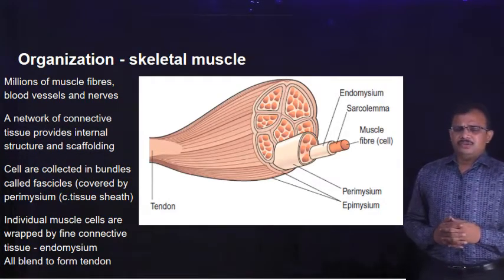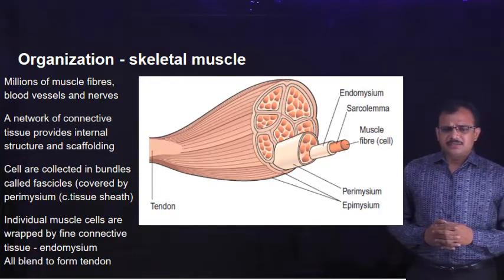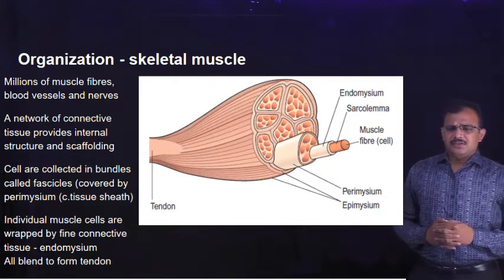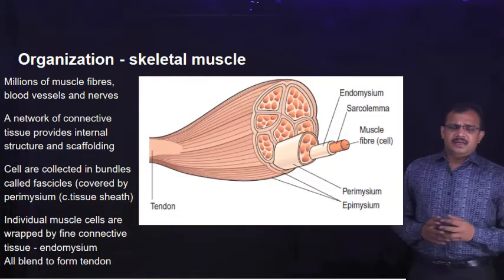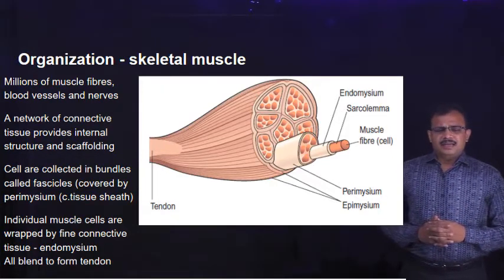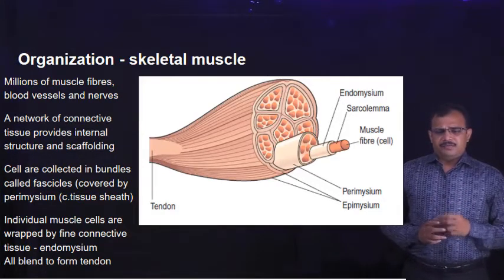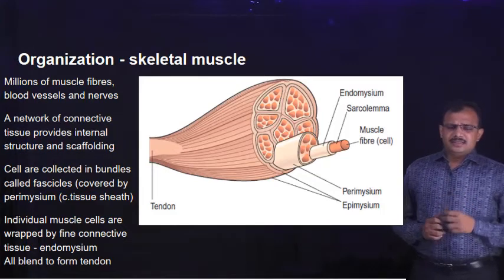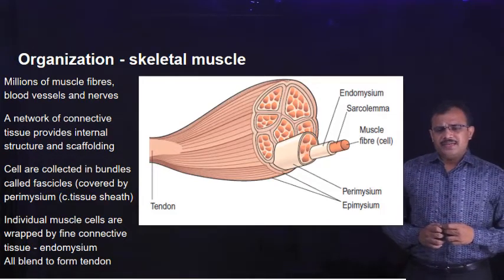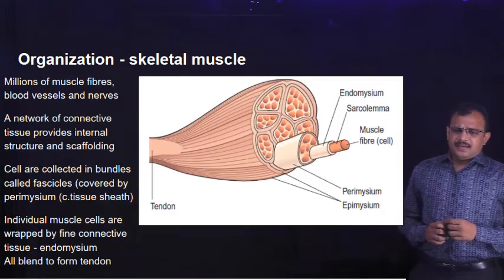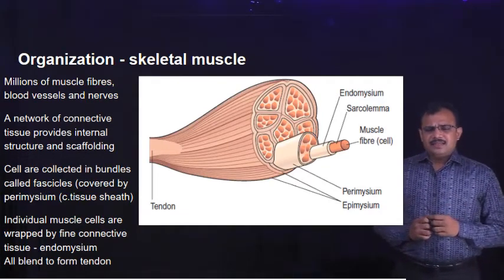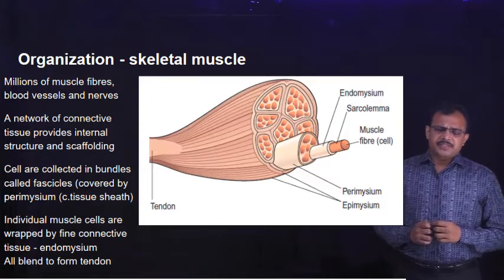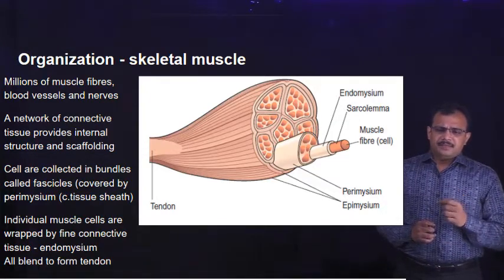The outermost connective tissue sheath on the skeletal muscle is called epimysium, and in this epimysium there are bundles of muscle cells wrapped together. Each bundle is called a fascicle, and each fascicle is once again surrounded by a connective tissue sheath called perimysium.